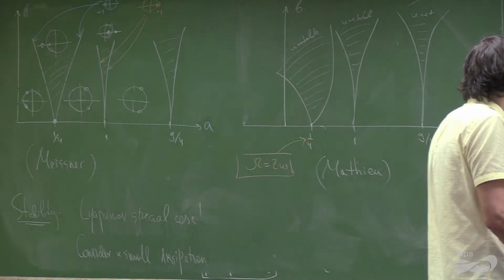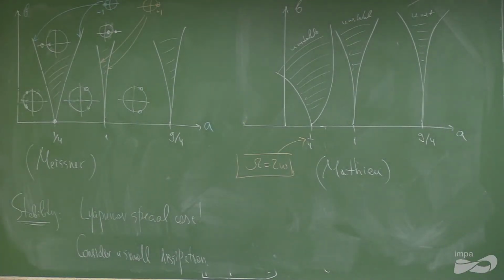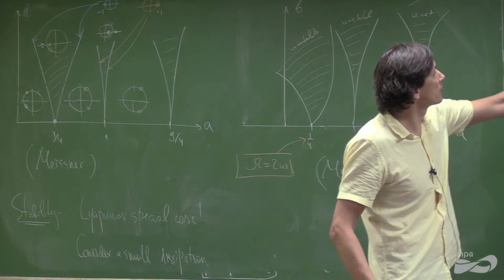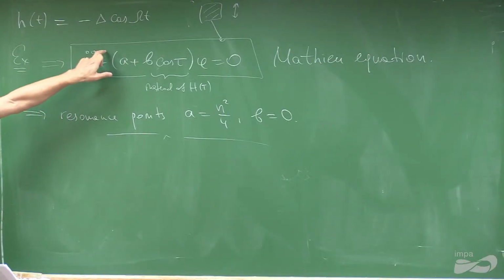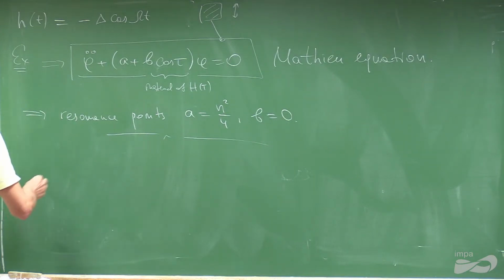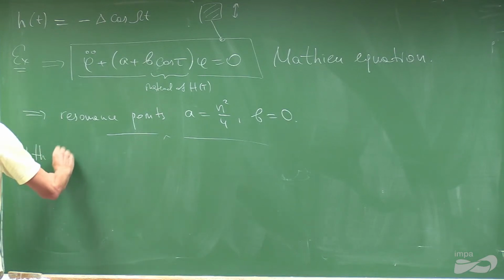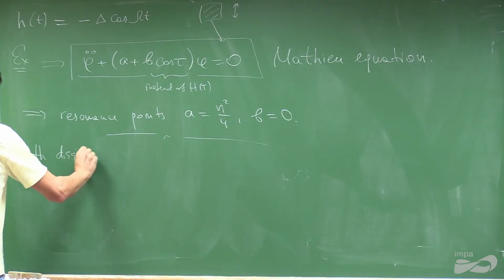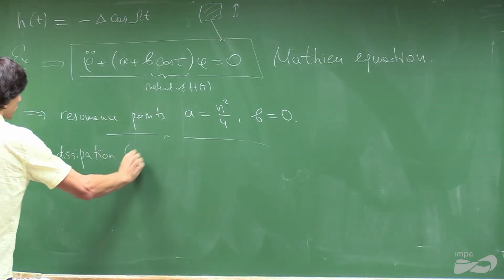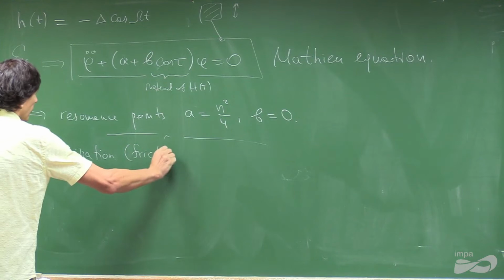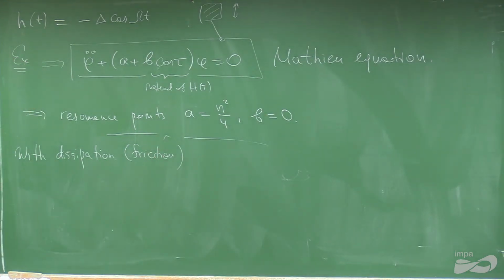So when you add a small dissipation, remember how you add dissipation. You add just a coefficient with a first derivative, so that the equation becomes an equation with dissipation, like friction. For example, friction in the support or interaction with the air, whatever.